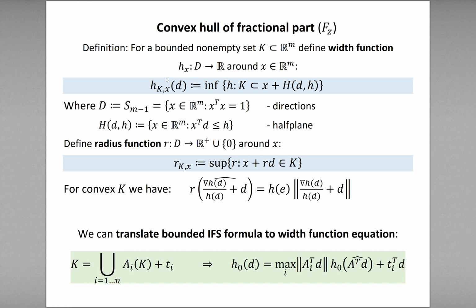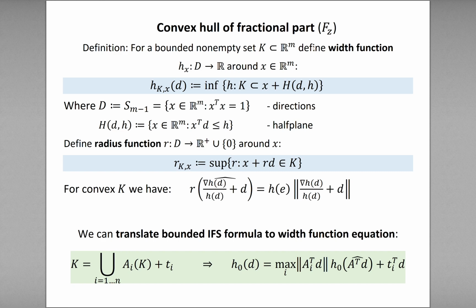So for this kind of function, the width function: what is the width of the fractal in a given direction? We can get a simple self-similarity relation. So we can find this function from this self-similarity relation, and it defines not the entire fractal, but only the convex hull of the fractal.